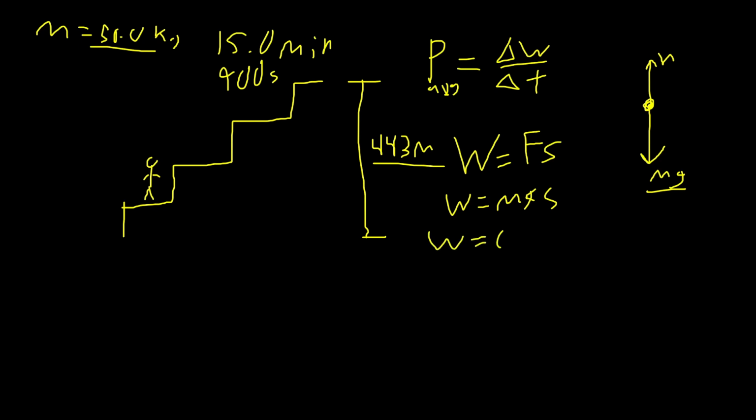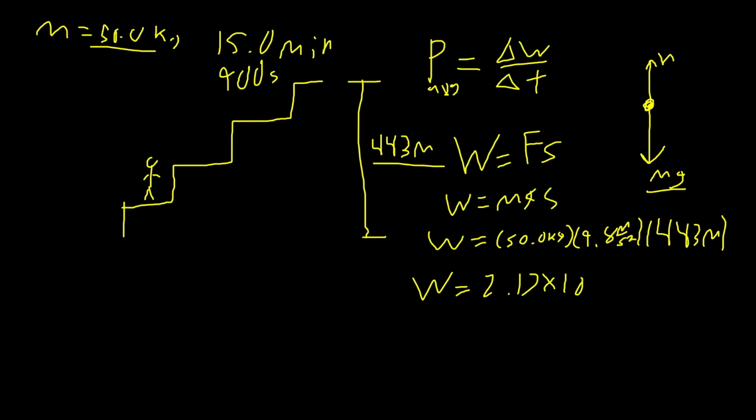So work equals 50 kilograms times g, which is 9.8 meters per second squared, times 443 meters, and we'll calculate this out to be 2.17 times 10 to the fifth power joules, because the units kilograms times meters squared over seconds squared are our units for joules.